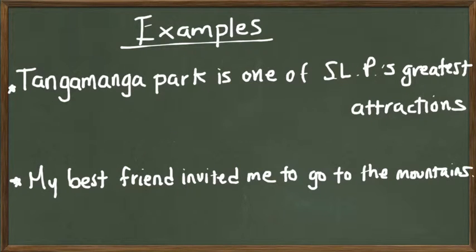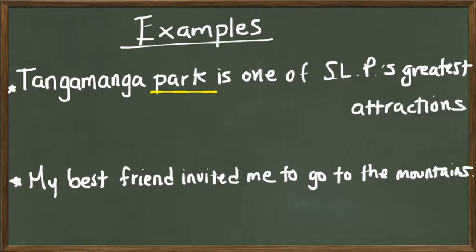Alright, let's look at some examples with the vocabulary we just practiced. Number 1. Tangamanga Park is one of SLP's greatest attractions. If you can see, we have our word park in there.